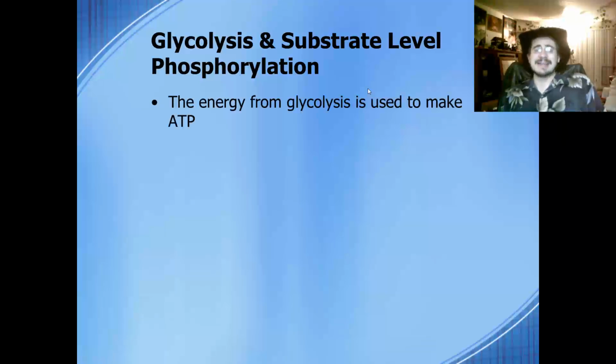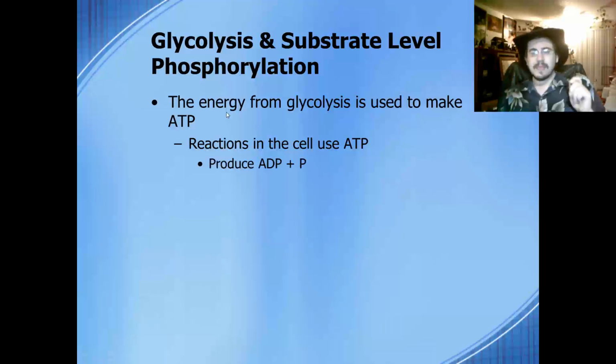So what is that exactly? Well, when the cell produces chemical energy in order to gain the energy required for reactions, it takes ATP and cleaves off one of the phosphates.